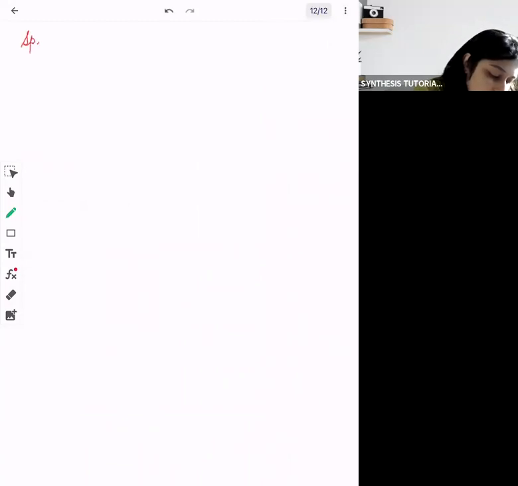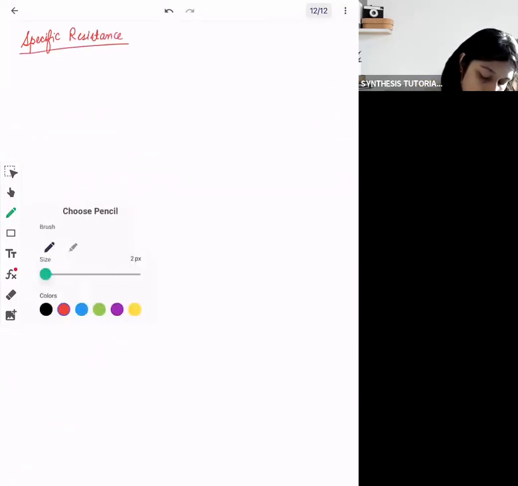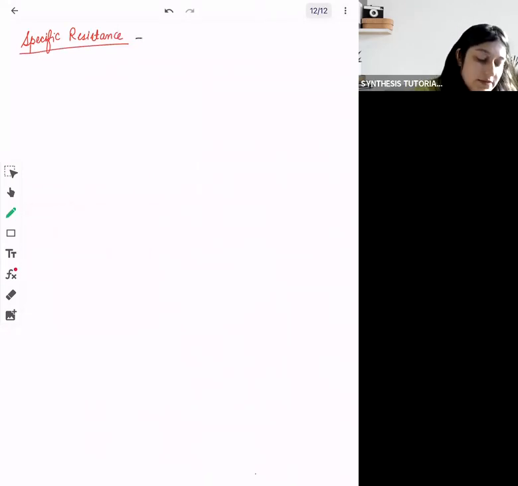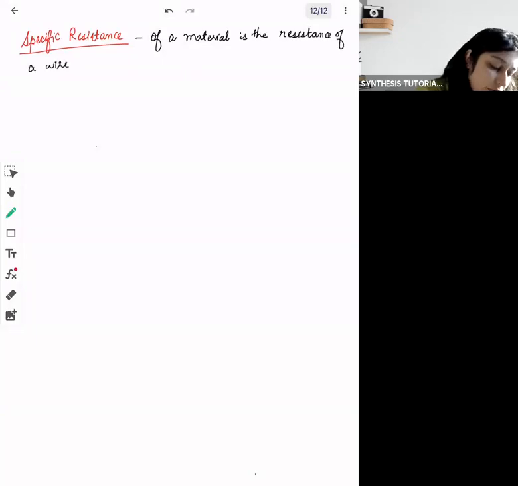So specific resistance. Look guys, the definition, as I have said, should be perfect. Okay. Specific resistance is very subjective. It is of a material. It is the resistance offered by a wire of that material of unit, because as I said, if this is 1 and this is 1 then it is equal to resistance.